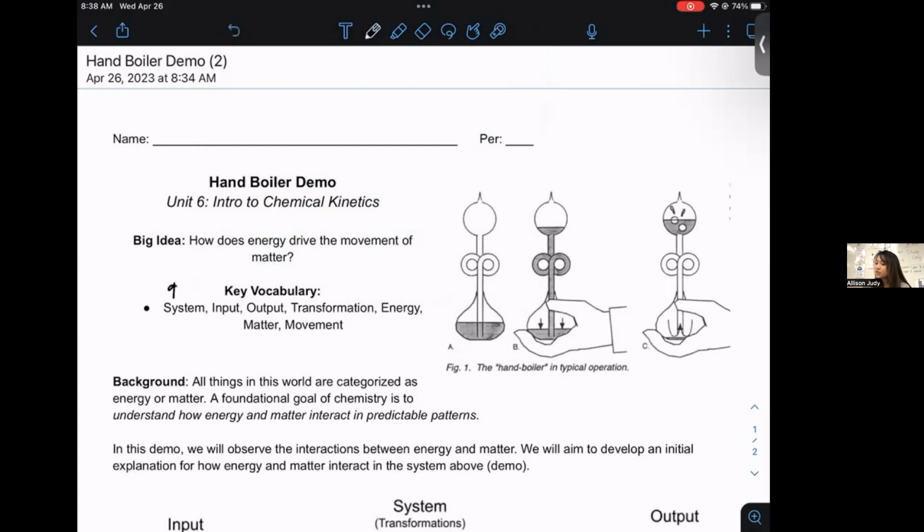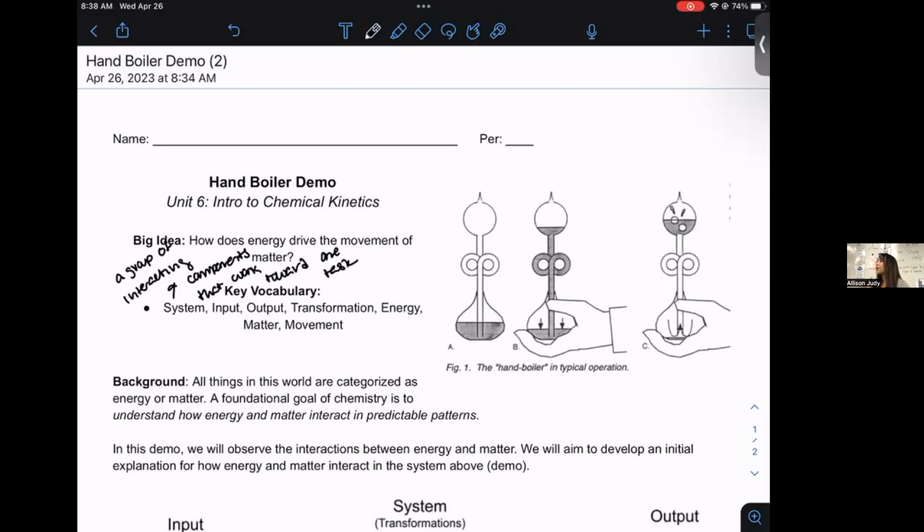So a system, just in case you don't remember, is a group of interacting components that work toward one task, one goal, or one function.